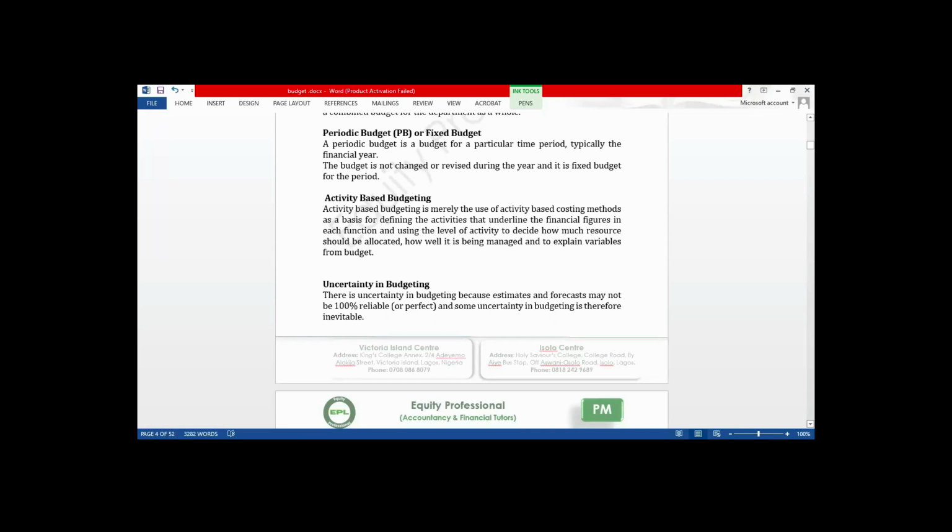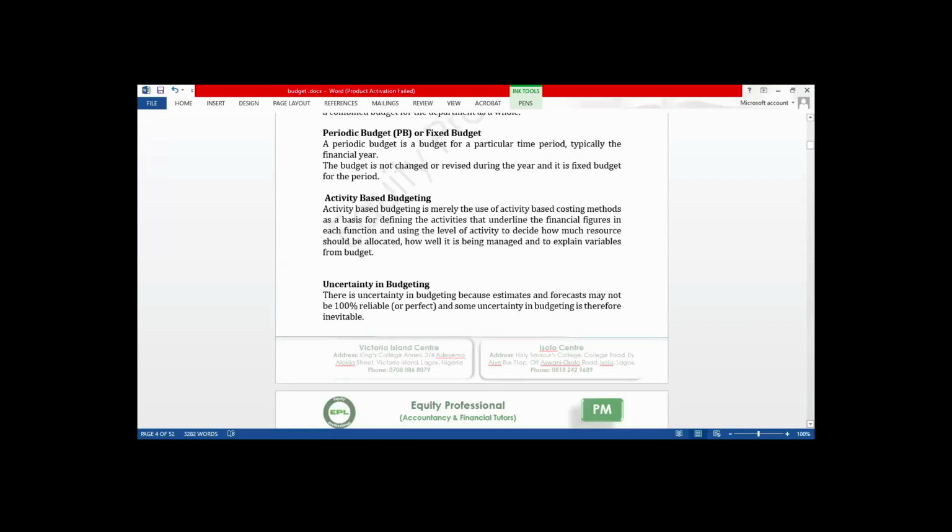However, because of uncertainty in budget, remember, budget is prepared based on estimates and forecasts. This estimate and forecast is not 100% reliable. That means there is uncertainty in budgets.